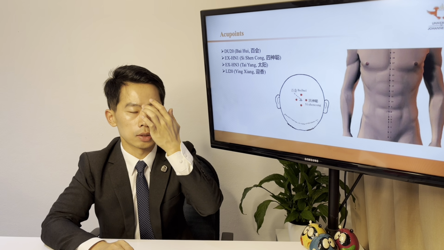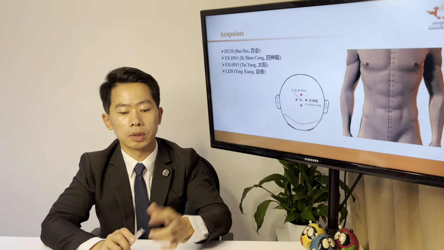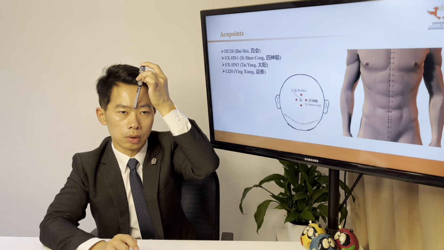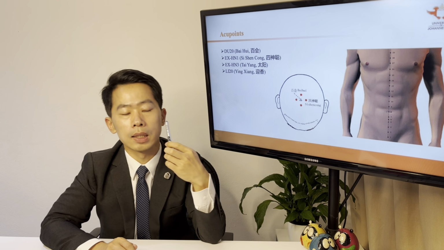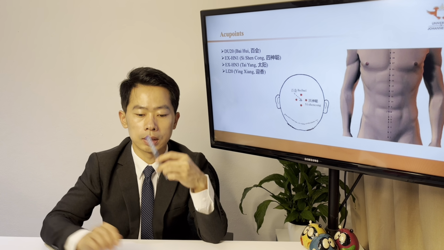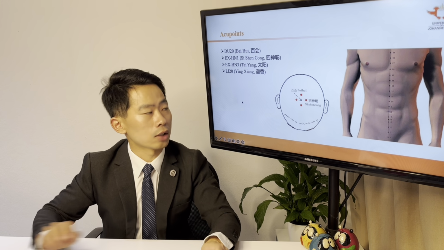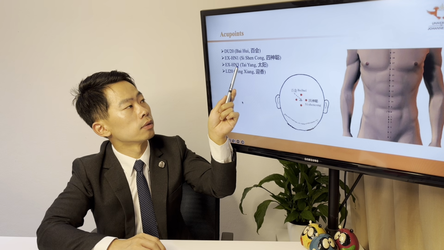So for sinuses, you can use 印堂 and large intestine 20. In this way, 印堂 will go all the way down, and then 迎香 will go from here, large intestine 20, all the way up to upper 迎香. So this should be extra head and neck 5.